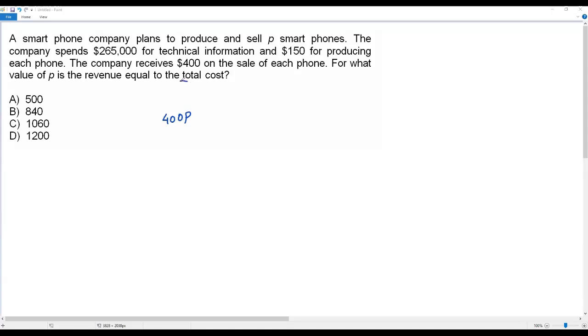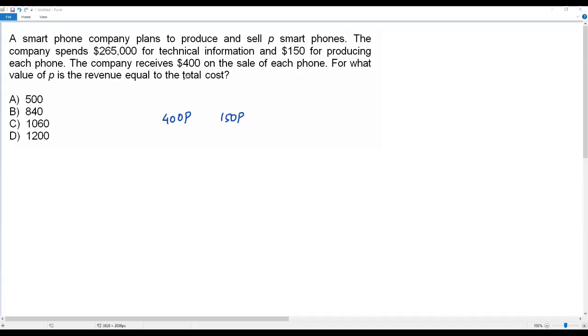So now let's find the total cost. Total cost means first let's find the cost of producing P number of phones. The information clearly says the company spends $150 for producing each phone. So what is the cost of producing P number of phones? For that we have to multiply the cost of producing one phone by the number of phones P. That is 150P.